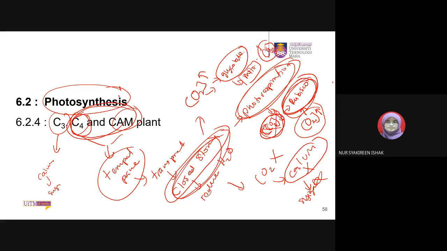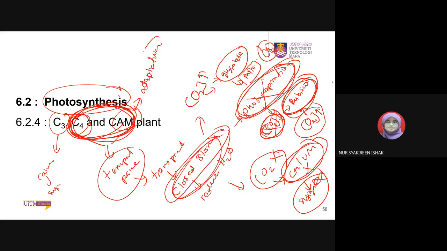Okay, so photorespiration ni dia akan mengurangkan photosynthetic yield. Sebab apa? Carbon dioxide tak boleh fit into Calvin cycle and sugar cannot be produced. Itu adalah photorespiration. So for CAM dengan C4 plant ni, dia kena atasi masalah photorespiration ni, dia kena berlaku adaptation. Macam mana nak berlaku adaptation?